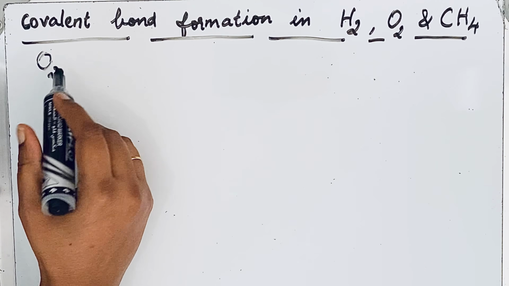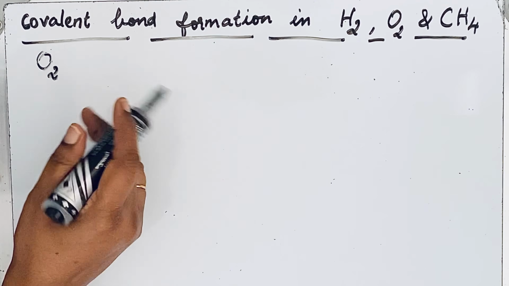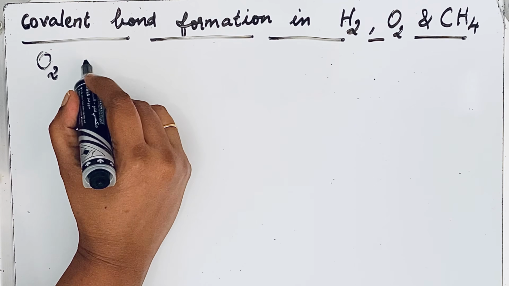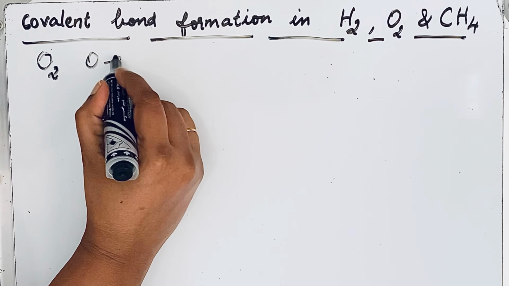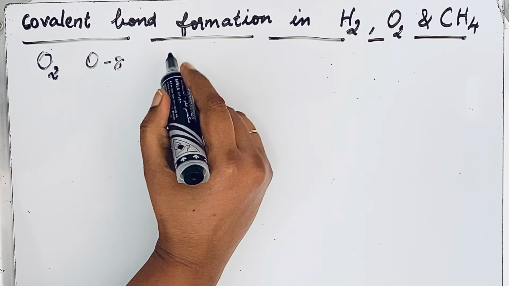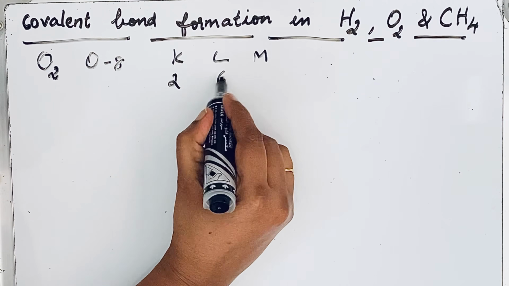Now let us see the oxygen molecule. Oxygen is also a diatomic molecule, formed by combination of two oxygen atoms. Oxygen atomic number is 8. So let us write the electronic configuration, K L: 2, 6.